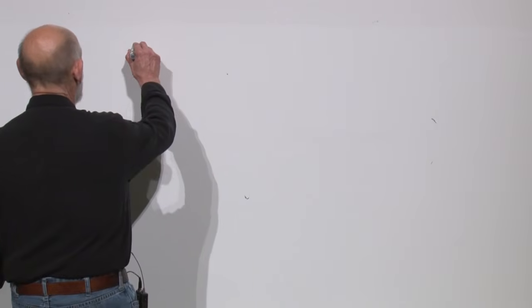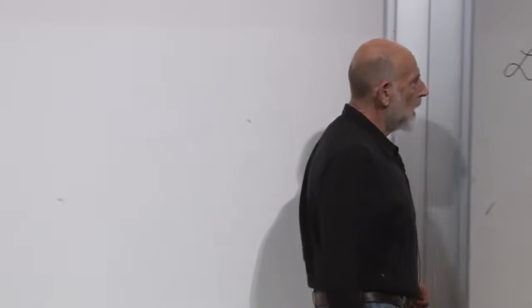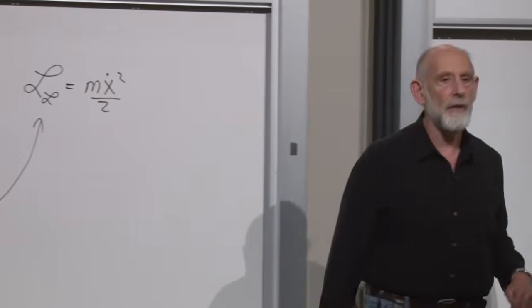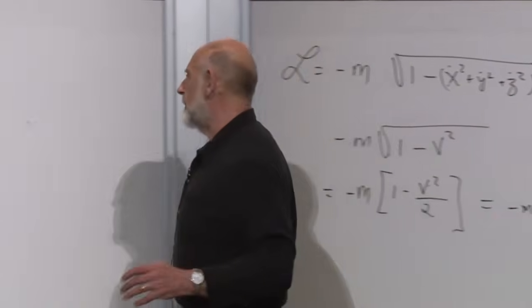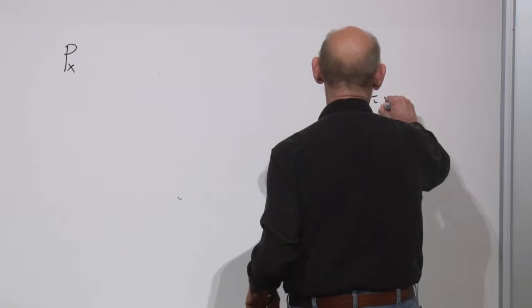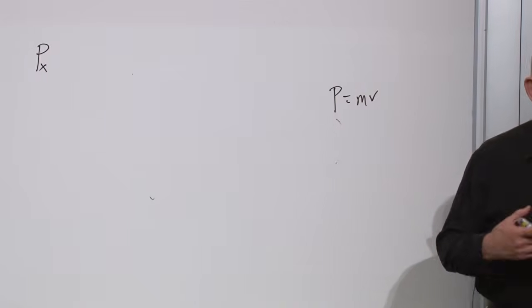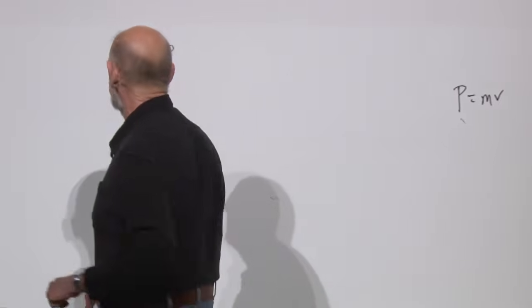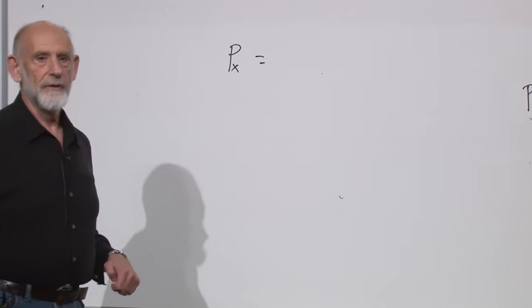Okay, so I would like to identify, for example, P sub x, the x component of momentum. So we go back, we open up our book on classical mechanics, and we go back to the definition of momentum, not the definition which began by saying momentum is equal to mv, but the definition which came from the Lagrangian point of view, and that was, anybody remember the definition of momentum in terms of the Lagrangian?